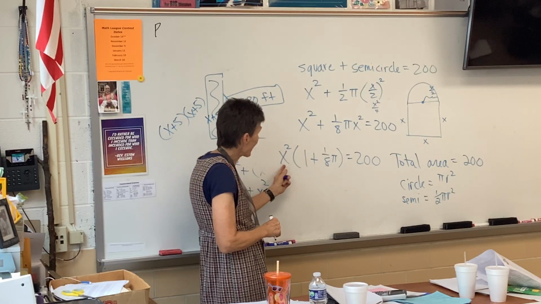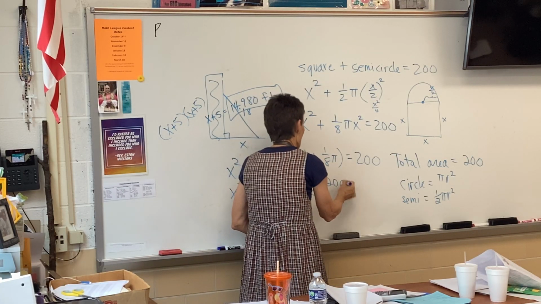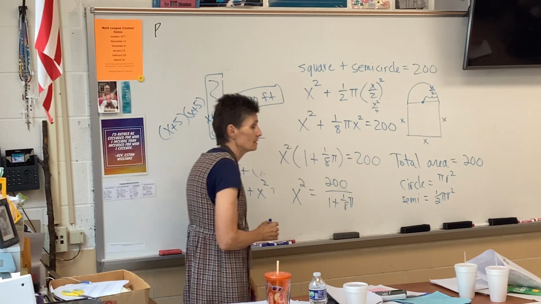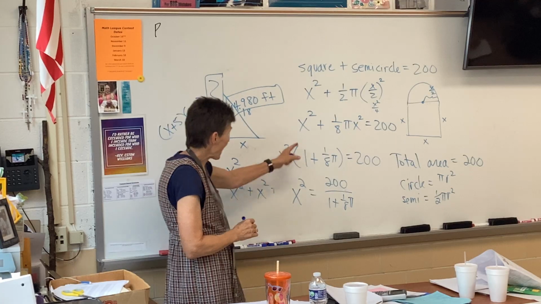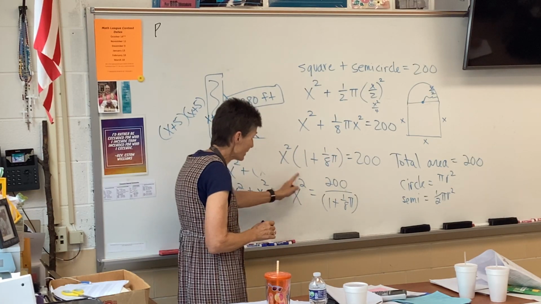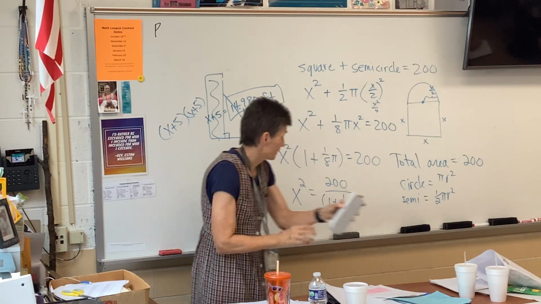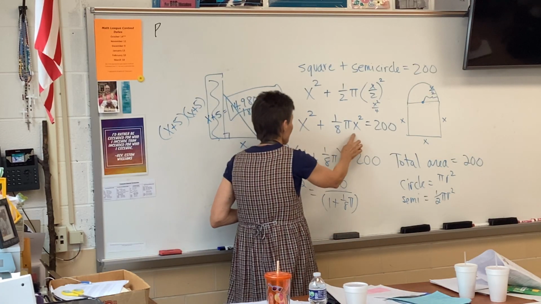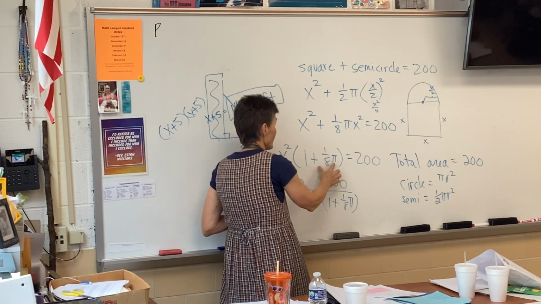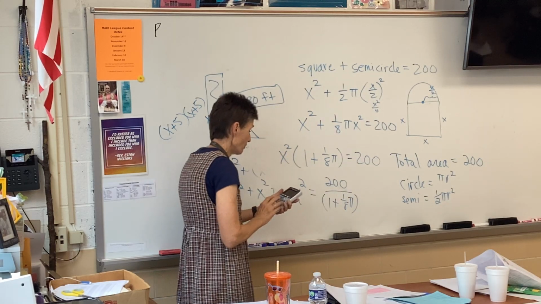So I'm going to go ahead and factor that out, and then divide by that parentheses, and then I'll just square root that. Let's see if you can type that in on your calculator. I factored out the x squared. That left me with 1 plus 1/8 pi. Divide that over, and I'll just square root that.